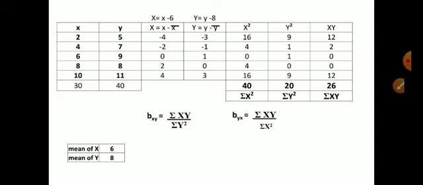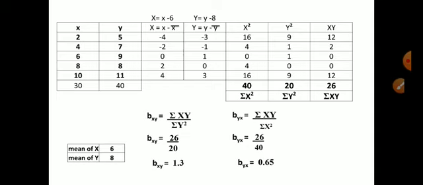Substituting, bxy is 26 divided by 20, and byx is 26 divided by 40. The values are bxy equal to 1.3 and byx equal to 0.65.